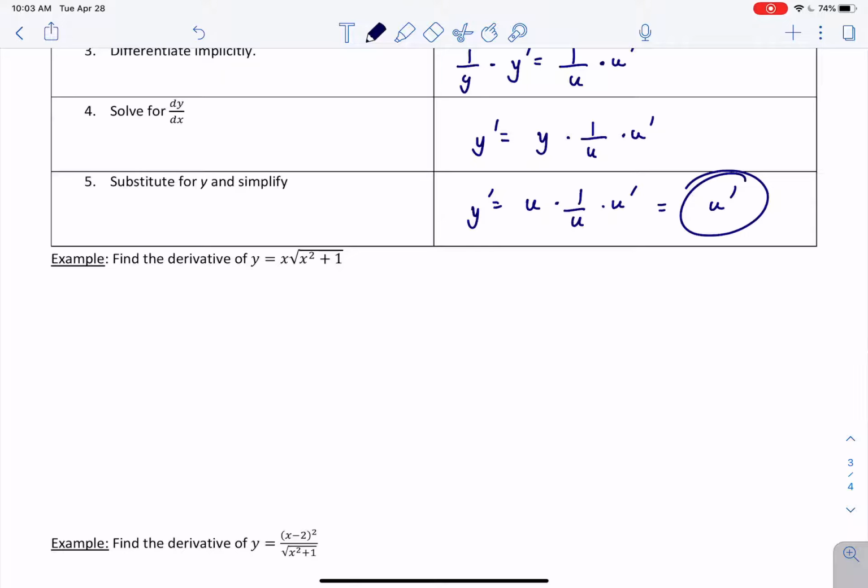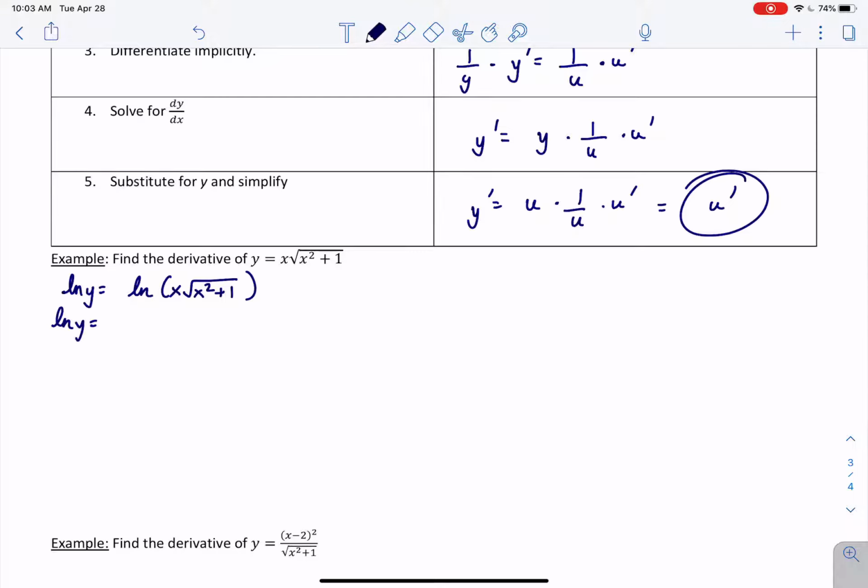So let's go through this process on this problem. The first thing we're going to do is take the natural log on both sides. So the natural log of y equals natural log of x times the square root of x squared plus 1. Now I'm going to use log properties to get rid of the product on the right side.